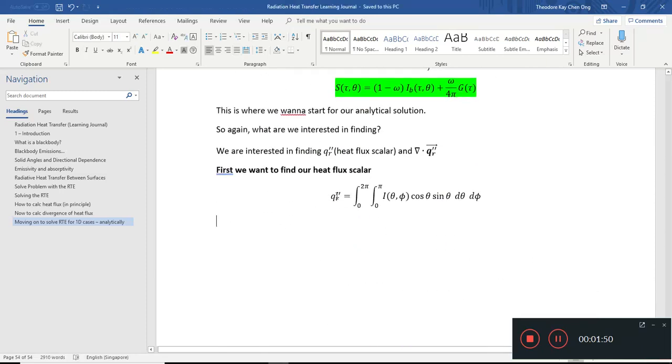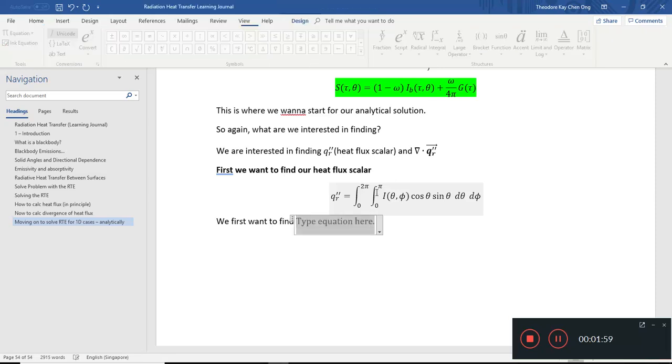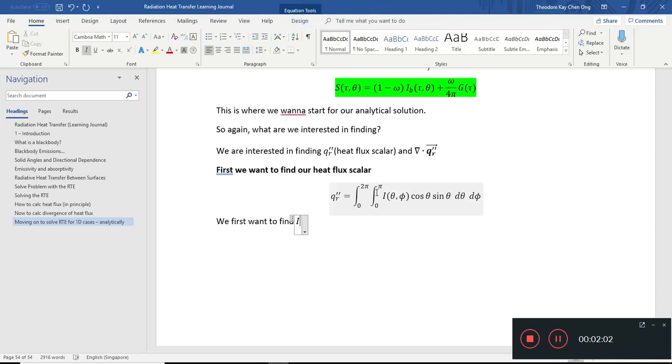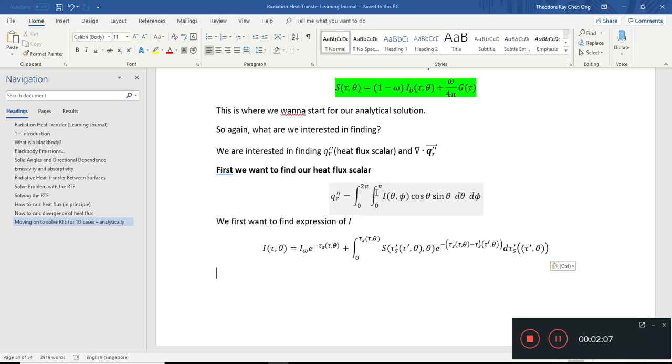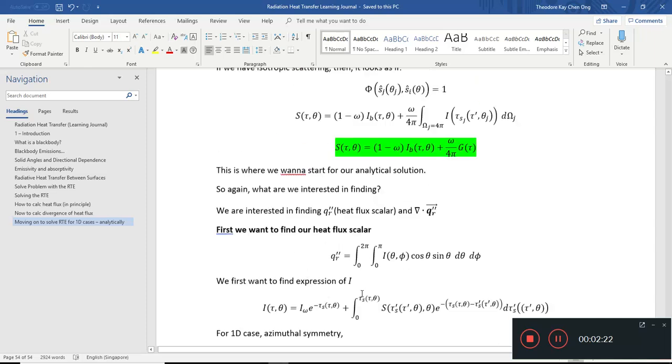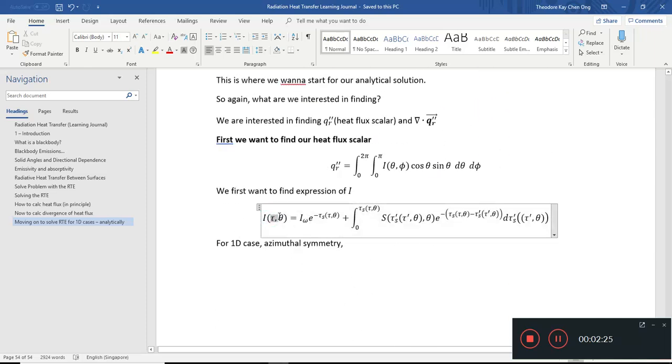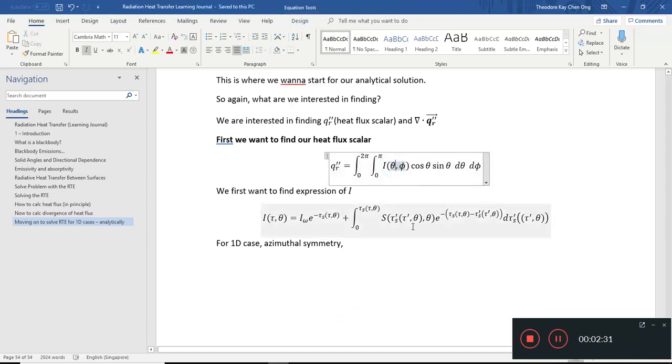We want to find this expression, so we first want to find the expression of I, and we find that this is our expression for I. And of course, for the 1D case with azimuthal symmetry, we take the dependence on phi out.